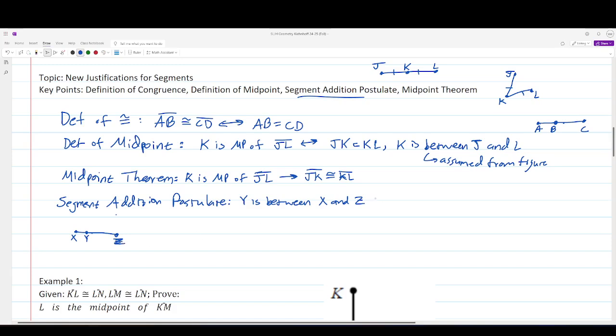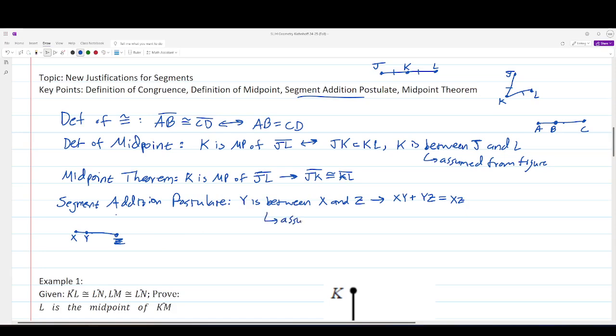If Y is between X and Z, then we know that XY, the left side of that segment, plus YZ, the right side of that segment, is equal to the entire segment XZ. So that's our one postulate within segments, and it lets us add two segments together to make a longer one, but it only works when the one point is between the other two.